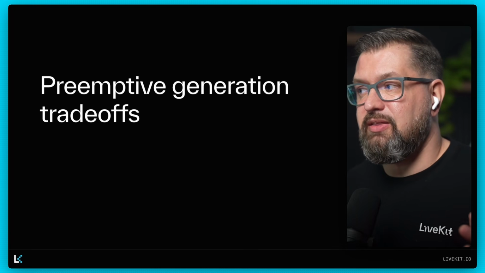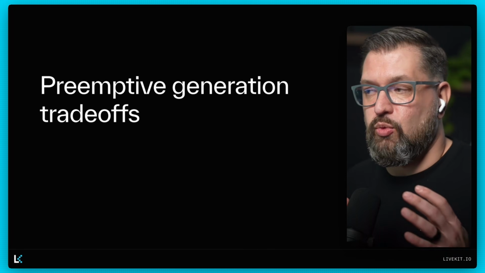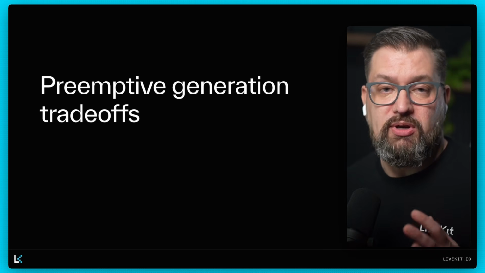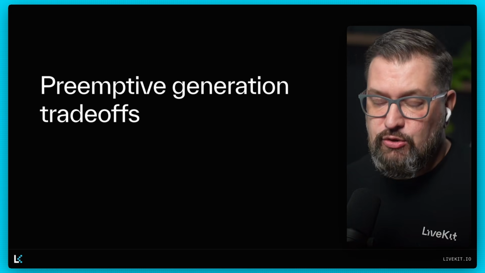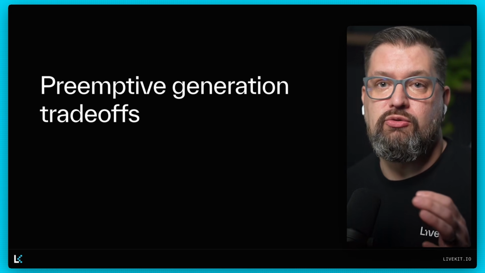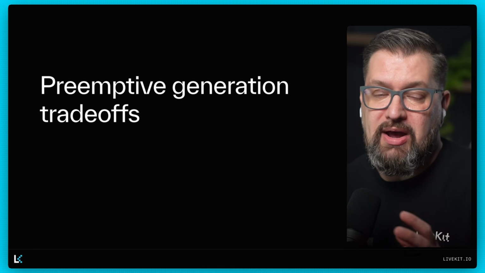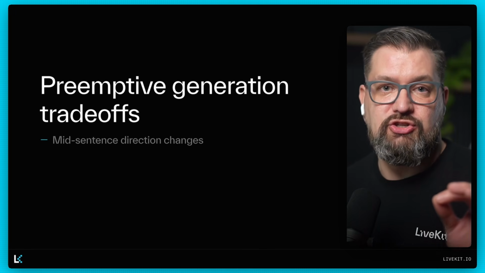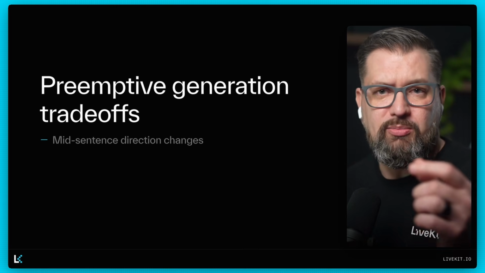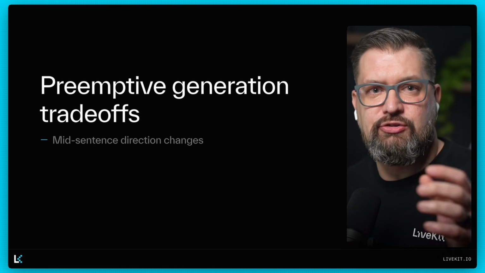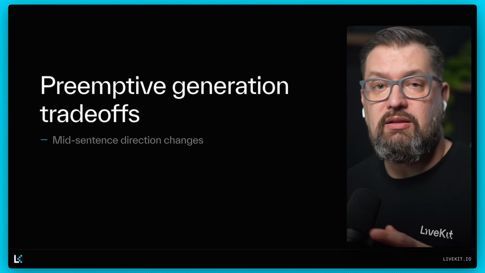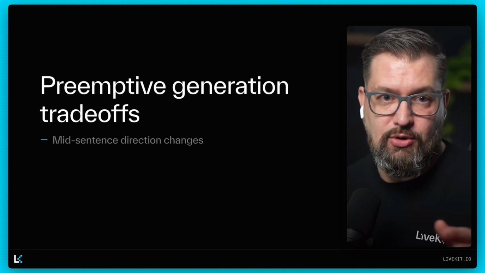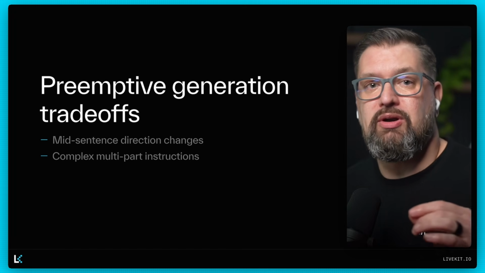But that's not to say that preemptive generation is 100% good all of the time. Preemptive generation trades accuracy for speed. There are a few scenarios where this trade-off might not work in your favor. For instance, mid-sentence direction changes. If a user says, "Book me a flight to New York," no, actually make that Chicago, the LLM might have already committed to New York. Second, complex multi-part instructions.